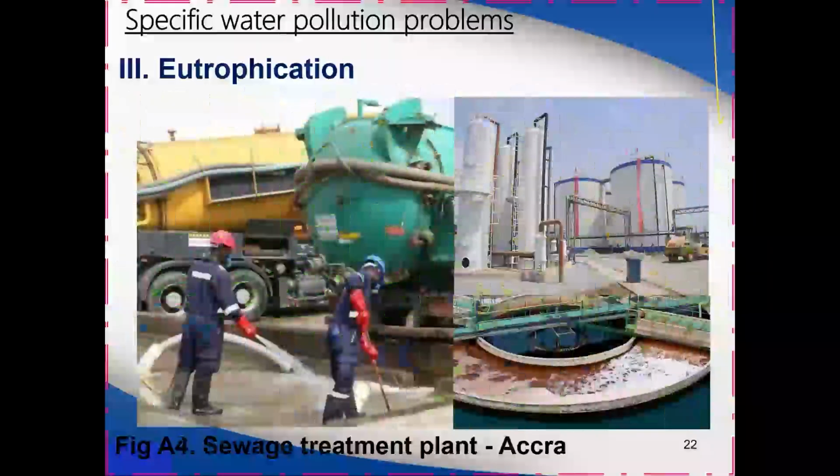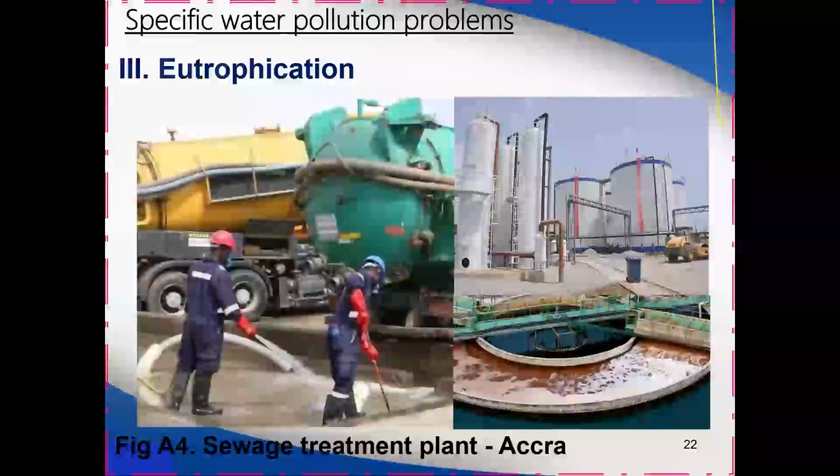Now, we said eutrophication can come also from sewage and wastewater. These are wastewater. When they finish, they have to discharge it. Just look at Accra first, sewage from septic tanks were released straight into the sea, which is very wrong.